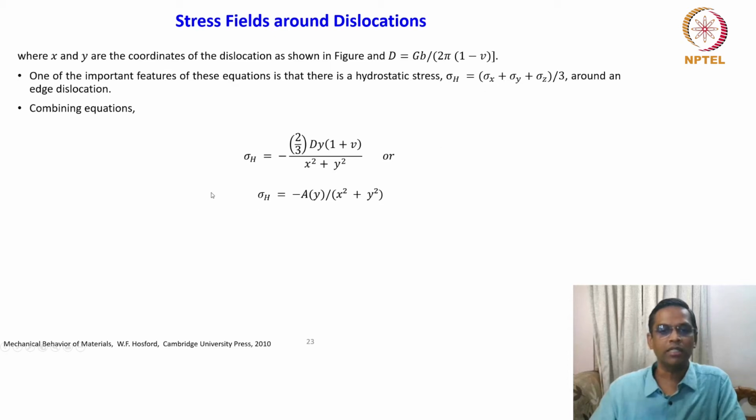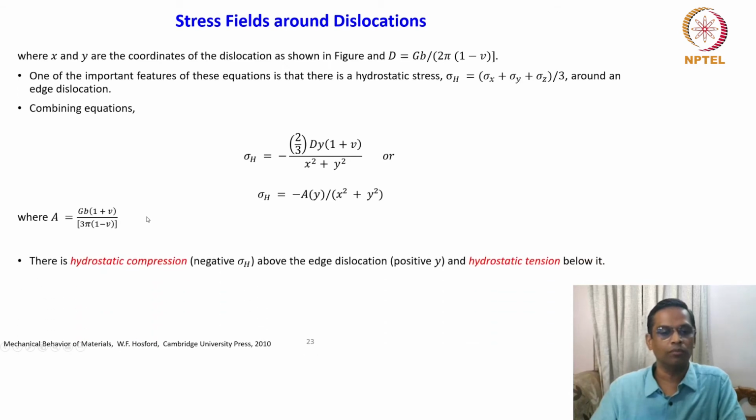So the hydrostatic stress can be written like this by the previous expressions we have for sigma x, sigma y and sigma z, where A is Gb times (1 plus nu) divided by 3 pi (1 minus nu). So there is a hydrostatic compression above the edge dislocation, that is positive y, and hydrostatic tension below it. This is what we have already seen.